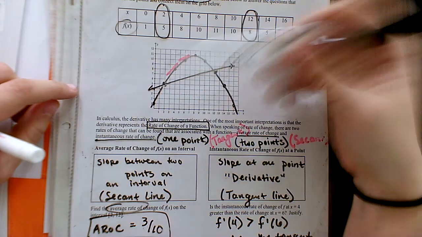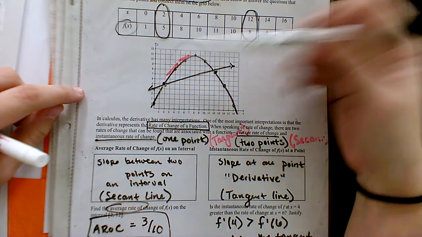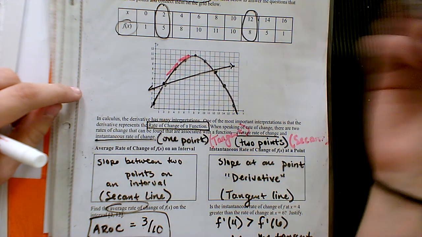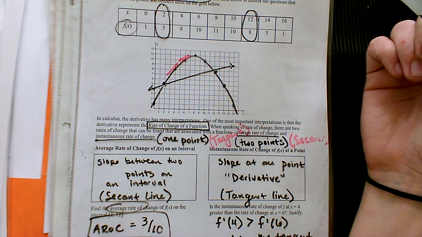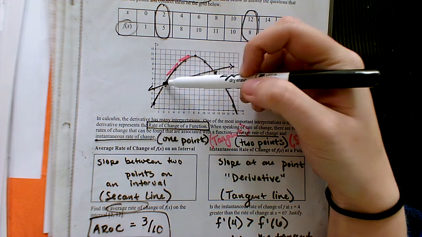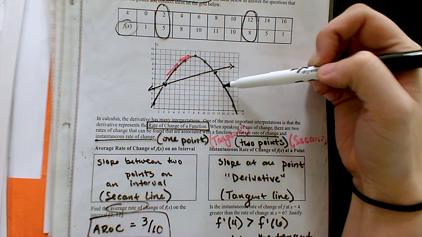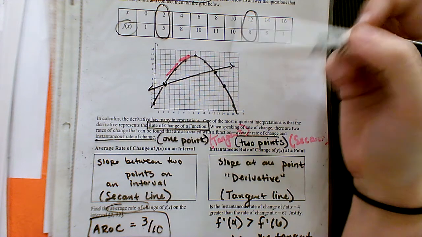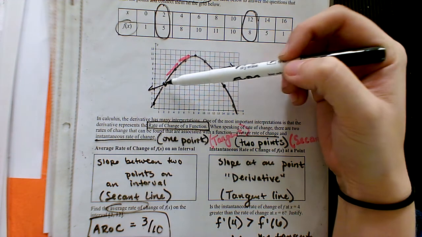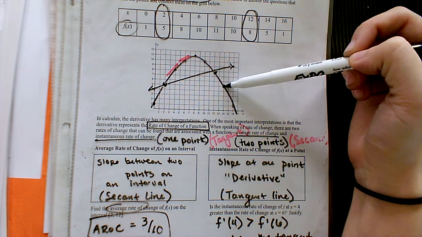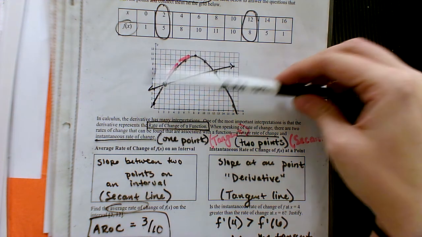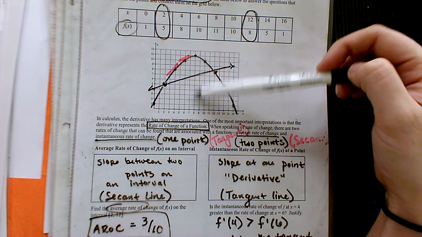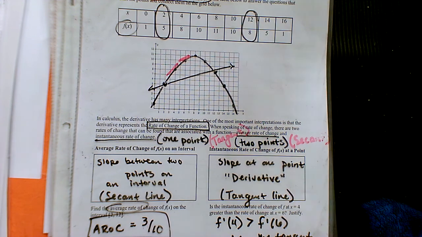If we look at our graph, we're definitely continuous, we're definitely differentiable. So the third criteria is, do the endpoints have the same height? 2 and 14, definitely. Okay, so that's telling us somewhere in between 2 and 14 we should have a horizontal tangent, aka derivative of 0.